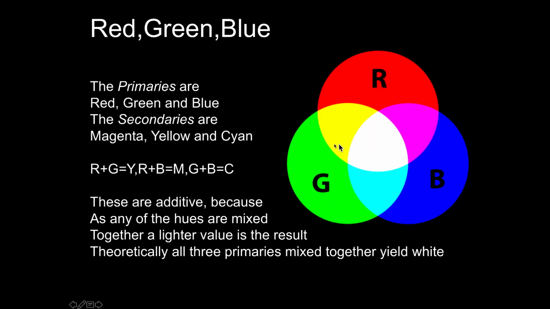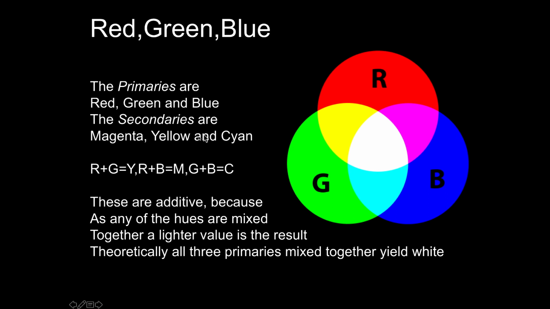But what's interesting is that they are the primaries of red, green, and blue. And then what becomes the secondaries are cyan, magenta, and yellow. So the primaries and the secondaries of red, green, and blue are reversed when you go to CMY. Just a little interesting tidbit there.